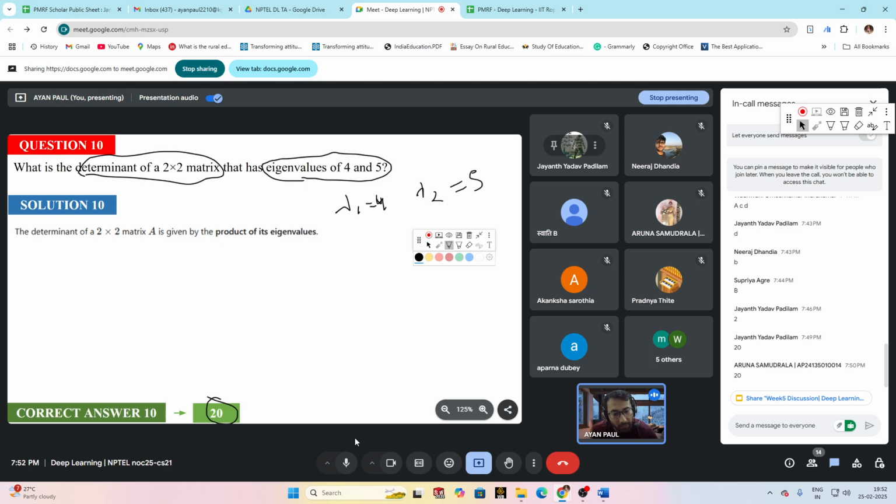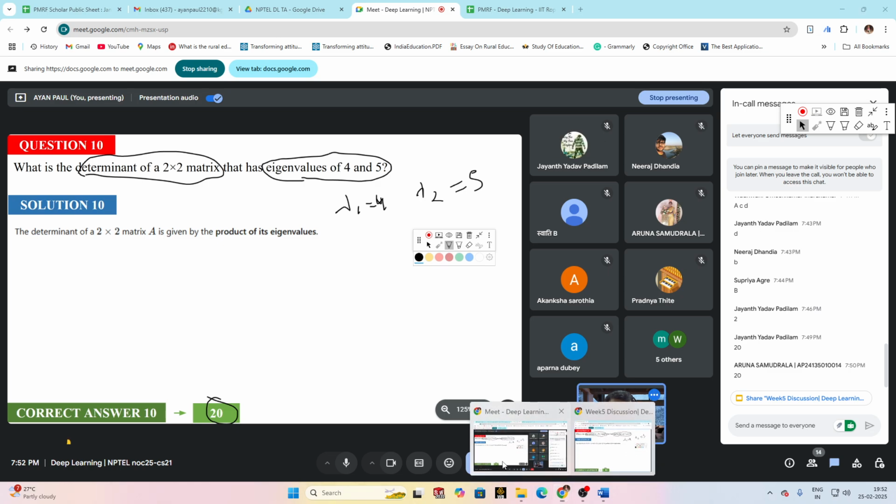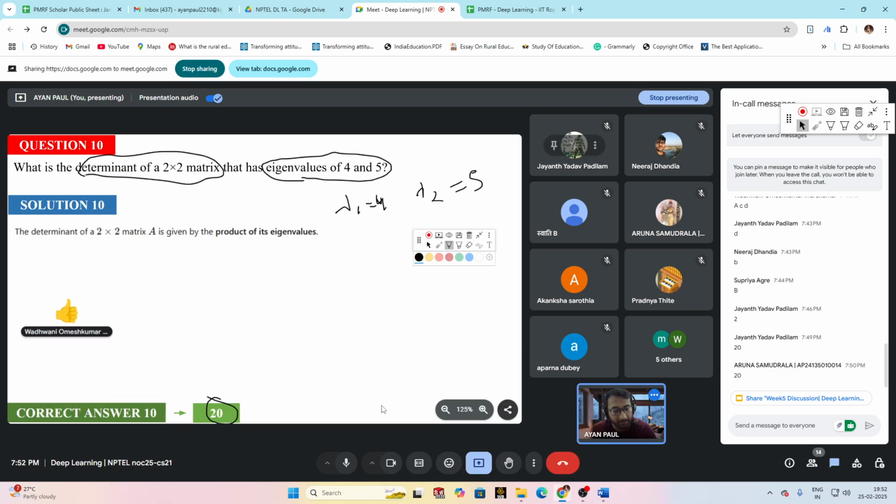Any doubt, especially for today's lecture? Just one question. We are trying to find the maximum value in these vectors. What is the significance of that?